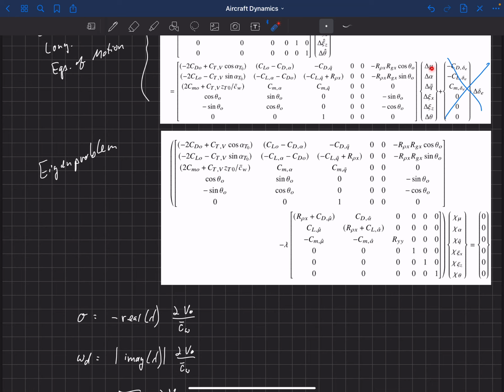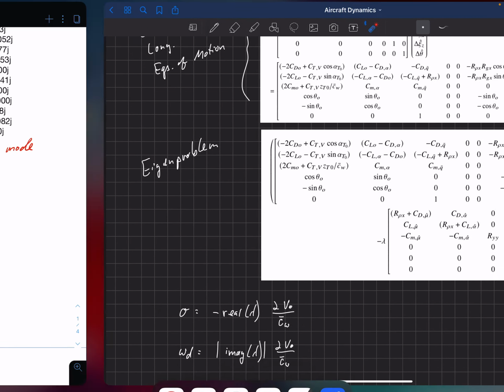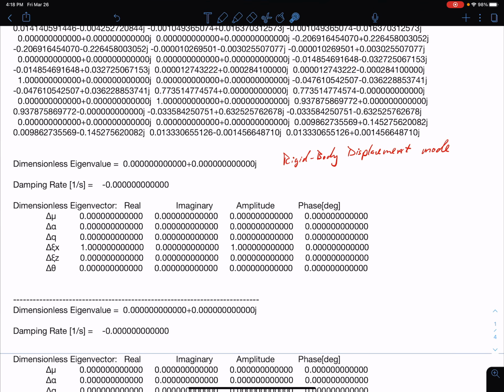The first one corresponds to mu, the second one to alpha, the next one to q bar, and then my x and z locations and theta. I output those to the screen because I knew what those 6 were, and these are the corresponding vectors. You can see that all of these are 0 except for the one corresponding to my x location.